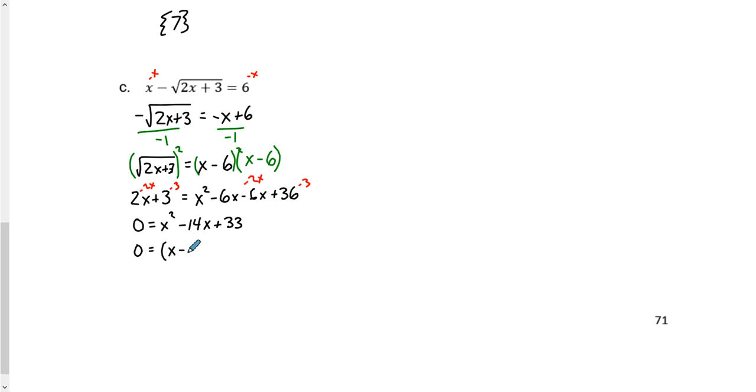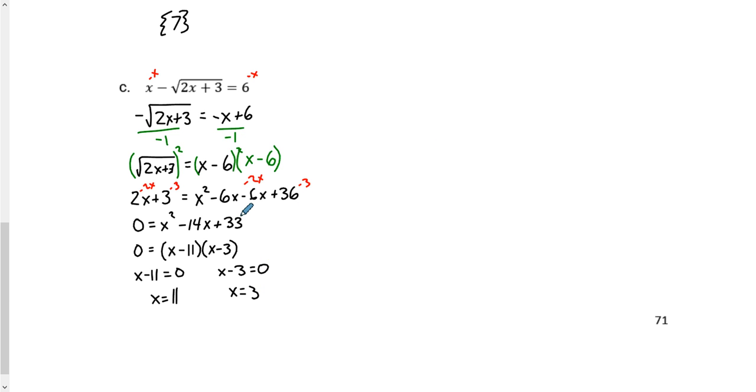That would be an x subtract 11 and an x subtract 3, which means setting each of these equal to 0, again, just a nice reminder, equals 0, equals 0, x equals 11, x equals 3.